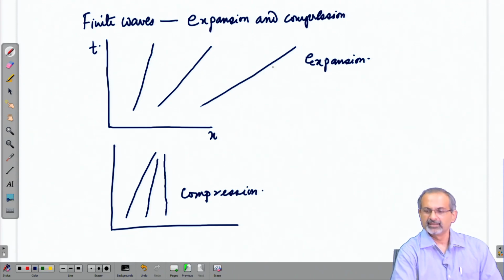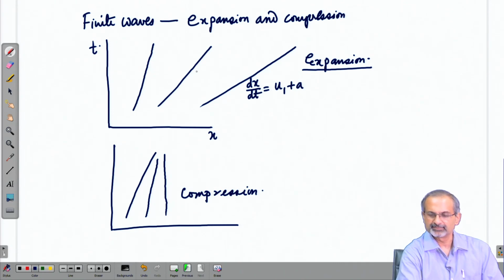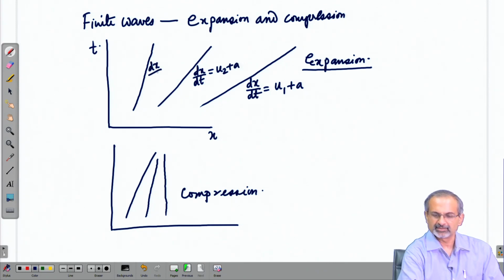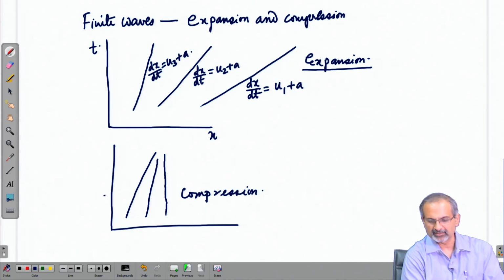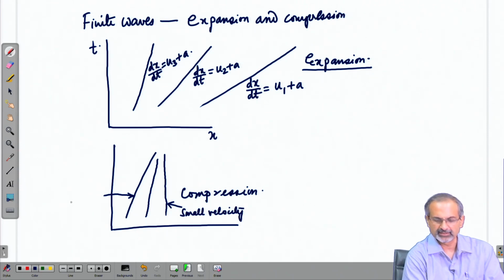In the case of expansion, the characteristics are moving further apart, because the dx dt equal to u1 plus a here is larger than the u2 plus a here, still larger than the u3 plus a here, but here it is just the other way around. So, this has a small velocity, because the dx dt is basically talking about velocity. This has a large velocity.